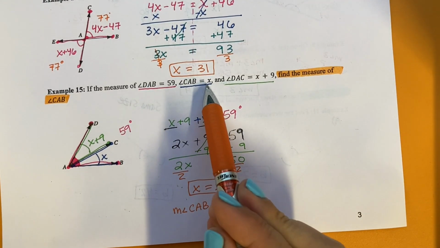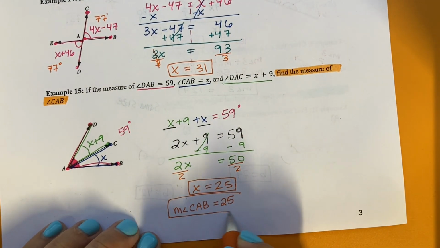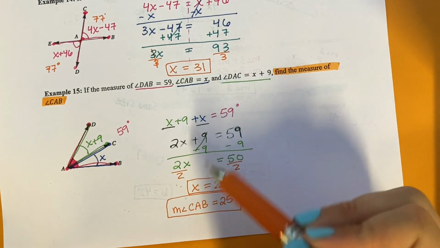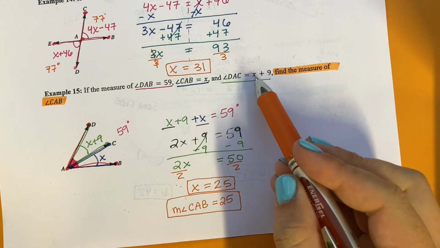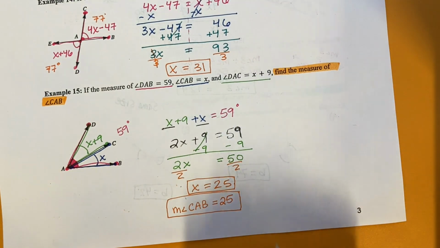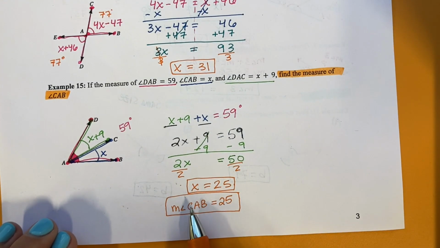When I plug 25 in, it's just a 25. If they had asked for DAC, I would just write the measurement of DAC, plug that 25 in, 25 plus 9, and I'd have my other angle. So watch out for what they're asking for. Are they asking for X? Or are they asking for the measurement of an angle?